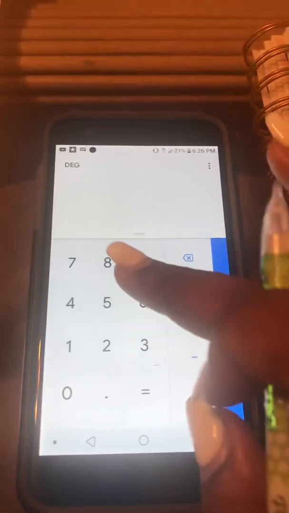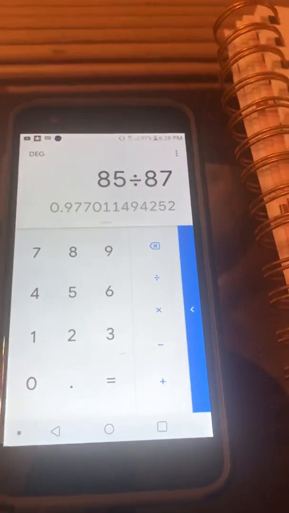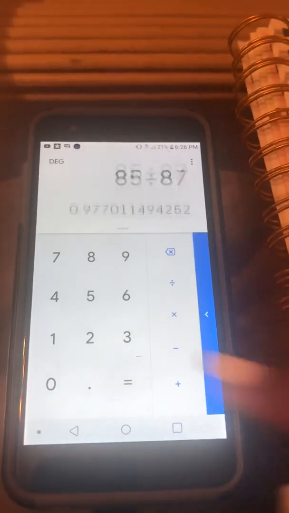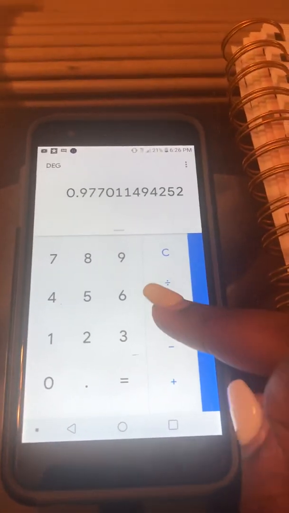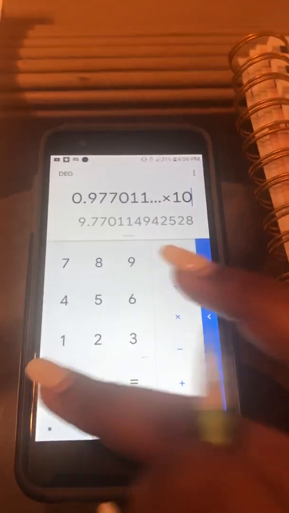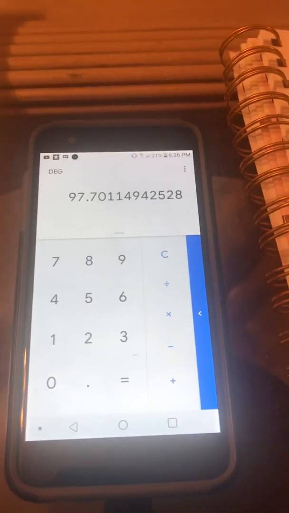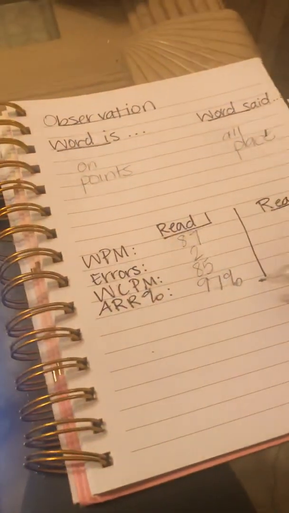The words correct per minute was 85 divided by 87 for the words read per minute equals 0.97 times 100 equals 97%. Naya read at a 97% reading rate.